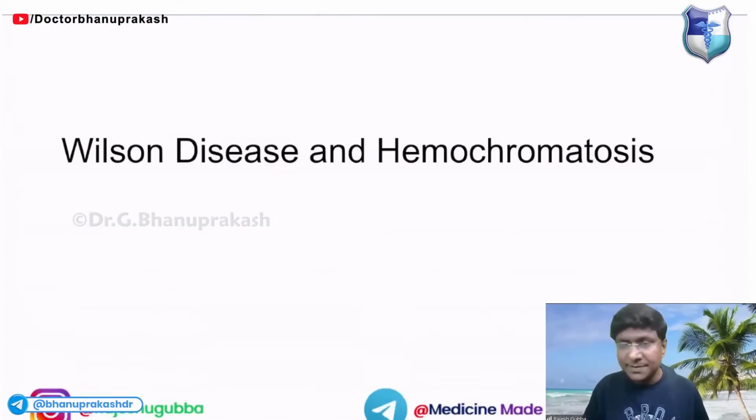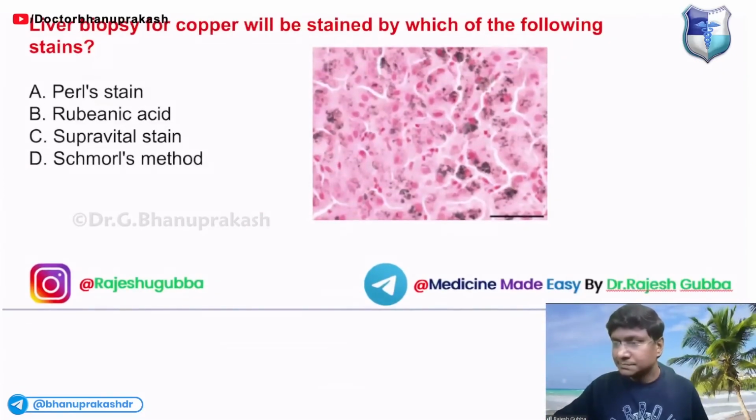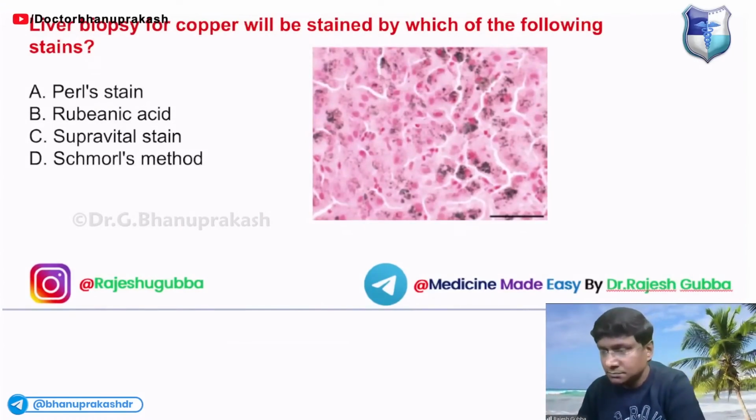Now, the next topics for discussion are Wilson's disease as well as hemochromatosis. Chalo, answer this question, guys. Liver biopsy for copper will be stained by which of the following stains?